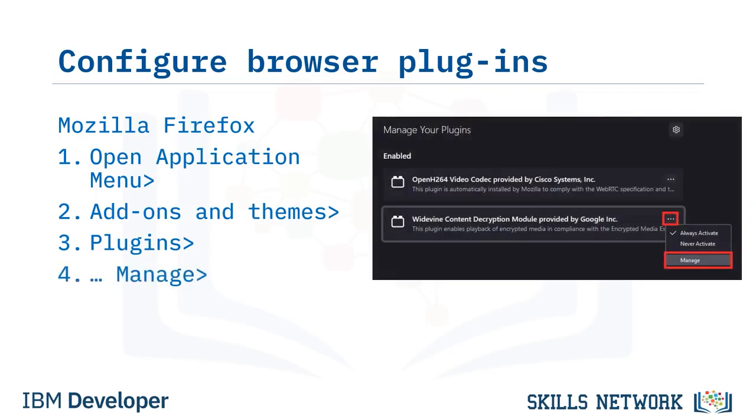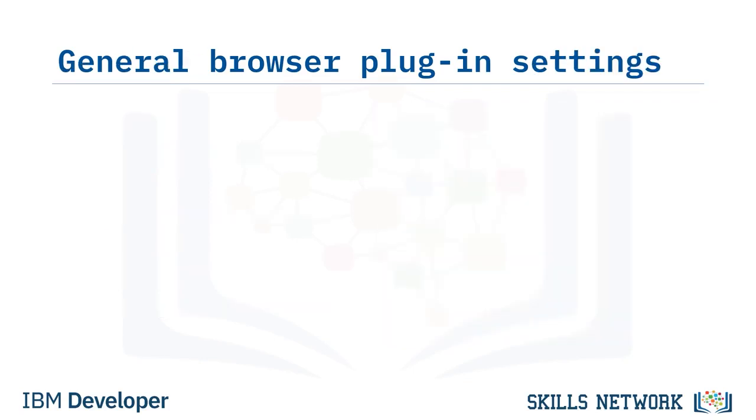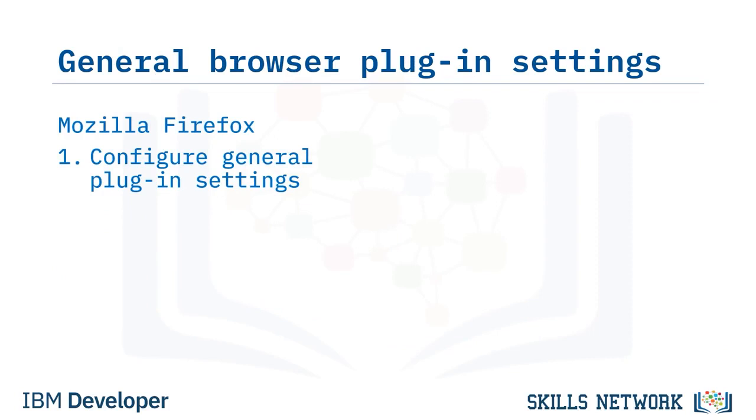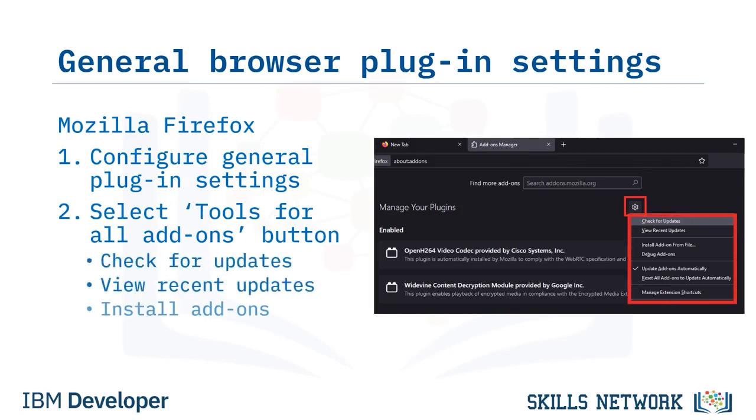Select the ellipsis button next to the name of the plugin and select Manage. Here, you can configure the individual plugin's settings, such as allowing automatic updates. You can also configure general plugin settings in Firefox by selecting the Tools for All Add-ons button. Here you can check for updates, view recent updates, install add-ons from a file, and configure the automatic updates setting.